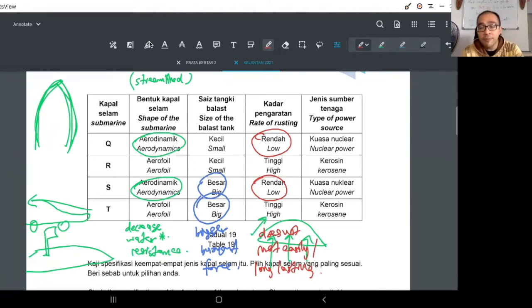Okay, type of power source. Either you use nuclear power source or kerosene, which is natural gas, or petroleum. Of course, we use nuclear power, because nuclear power is more effective, is cheaper, it lasts longer. So higher efficiency.